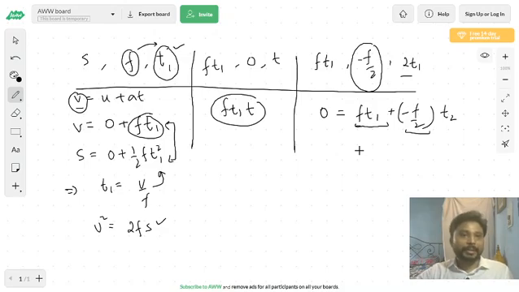Here the particle has traveled some s distance. Now the particle is taking twice as much time, so it would travel 2s distance in this particular case. That is pretty incredible how we came about this. The particle traveled some s distance here and some 2s distance in this particular case.